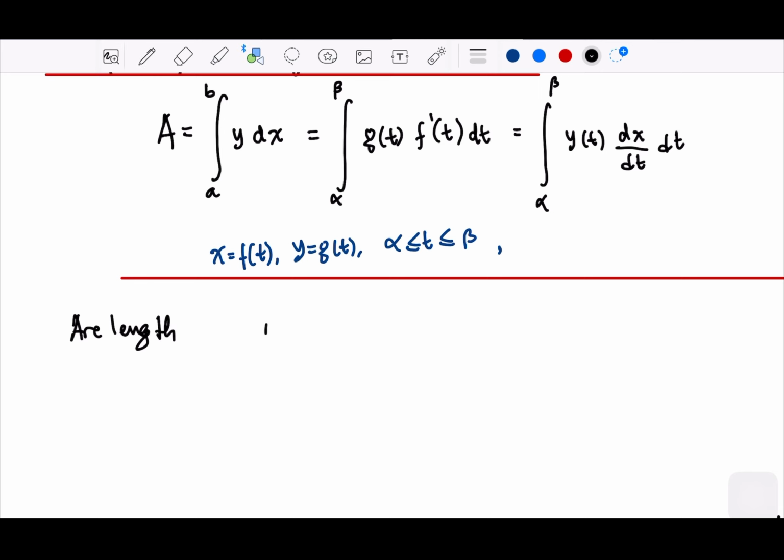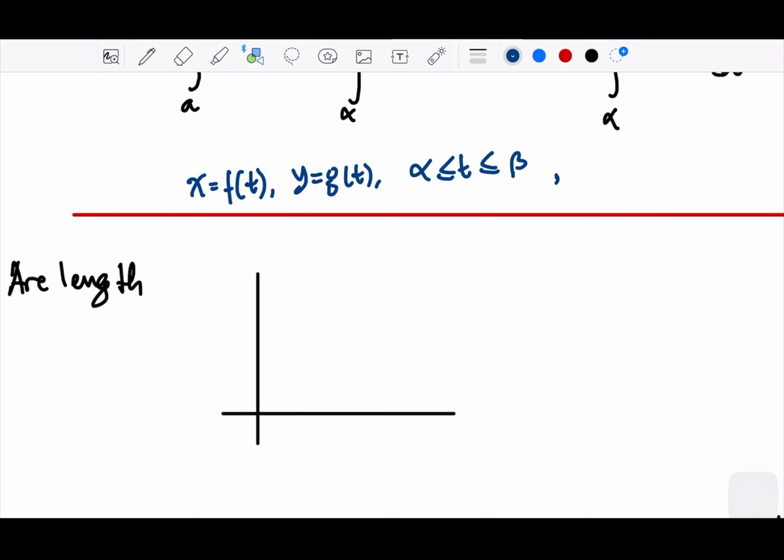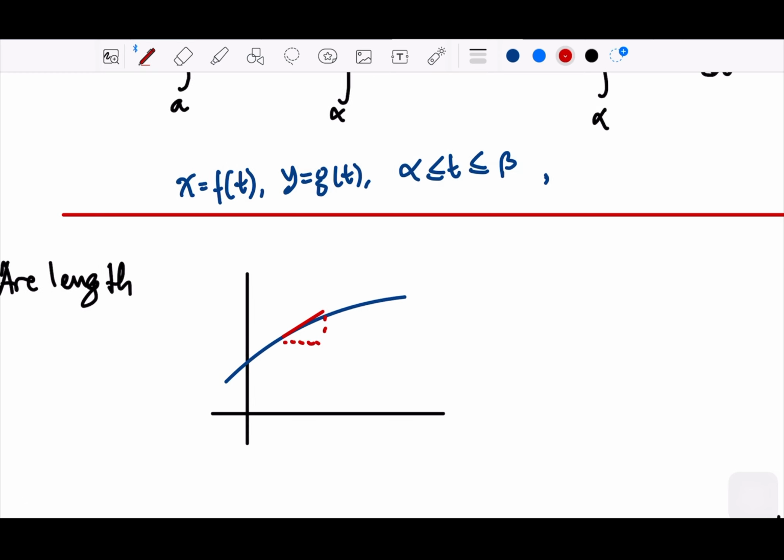Arc length is still fresh. We still did it last week, right? So if you remember, the way to visualize easily how the formula for the arc length works is just to draw a random curve. Draw some small slope, which we name dl.